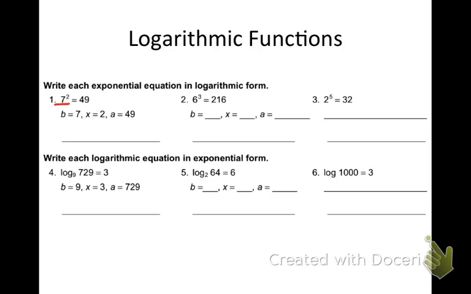So I'm going to move that to the other side, and that's going to become my log. So if I move to the other side, what am I left with on the left side? I'm left with the number 2. Equals. My base was 7, so it's going to be log base 7 of 49. And there's your answer.